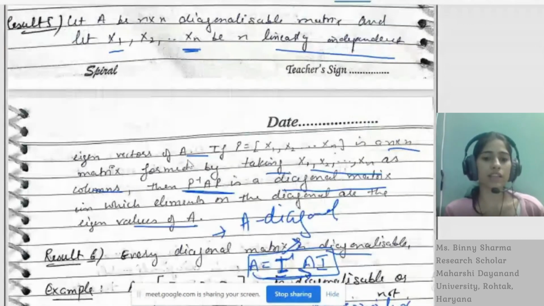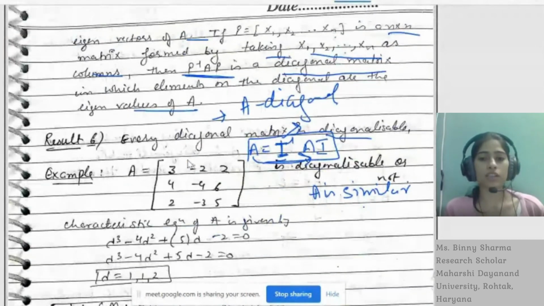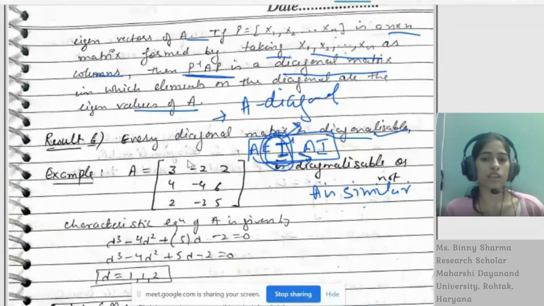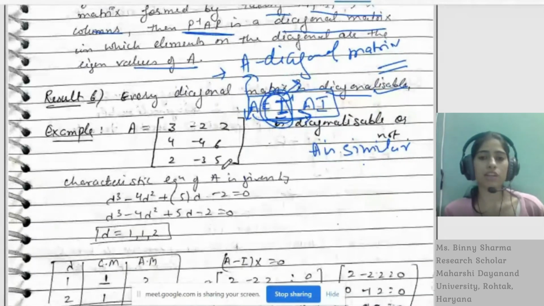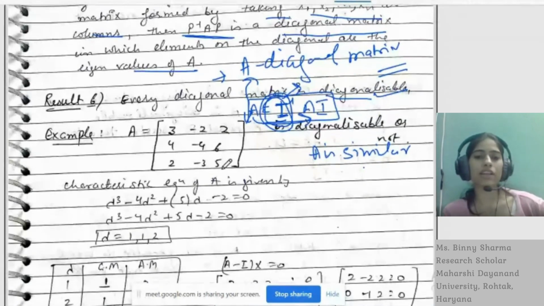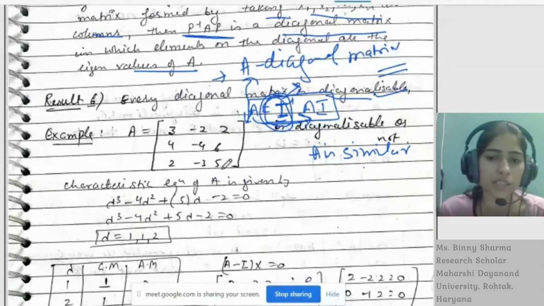So for a diagonal matrix, we have found a non-singular matrix I. Here A was a diagonal matrix, so it satisfies the definition of diagonalizability. So every diagonal matrix is diagonalizable.